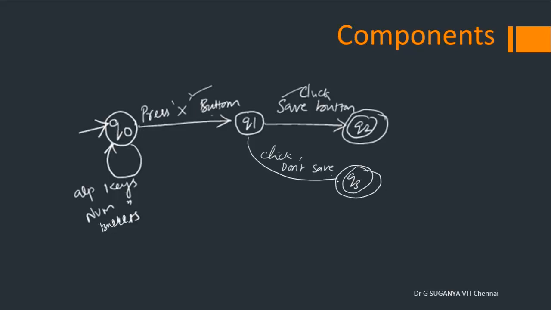Why am I representing two different final states here? Because the operation when the system reaches this state is completely different from this state. When I click on don't save, the system should retain the previous saved version and drop all the contents that are available in the RAM memory.